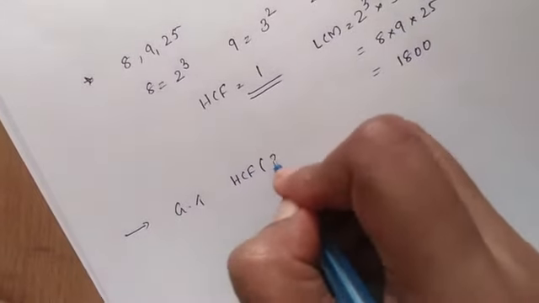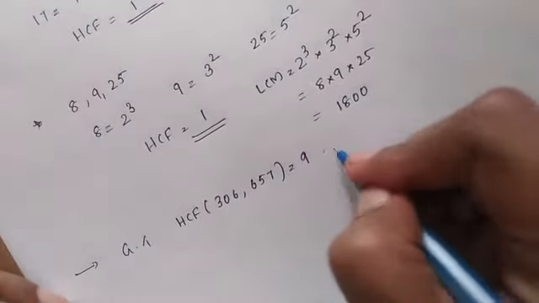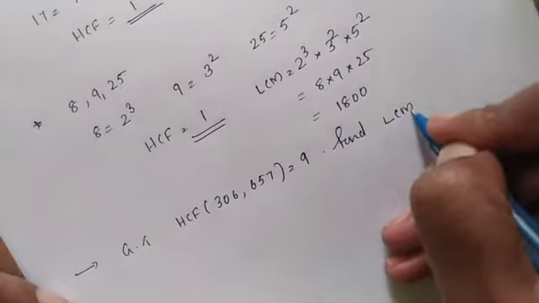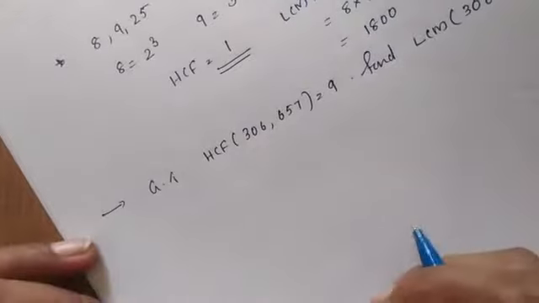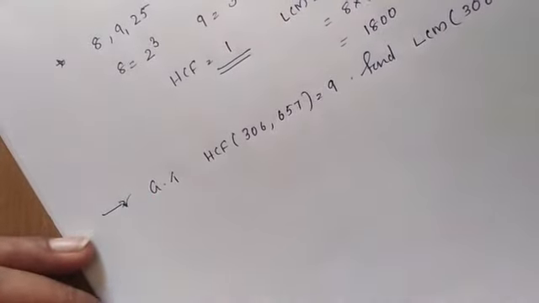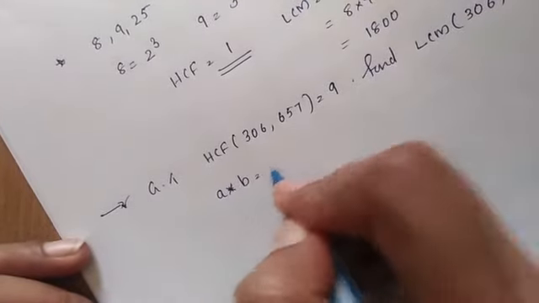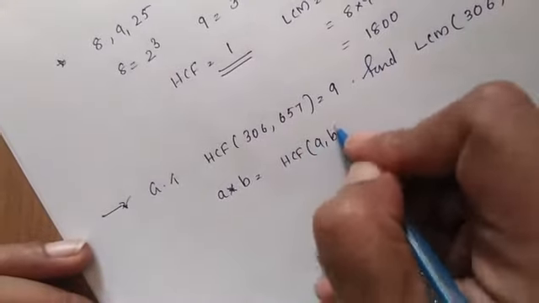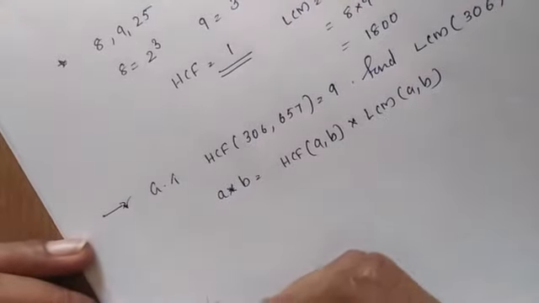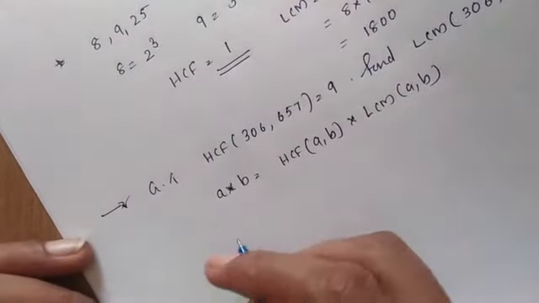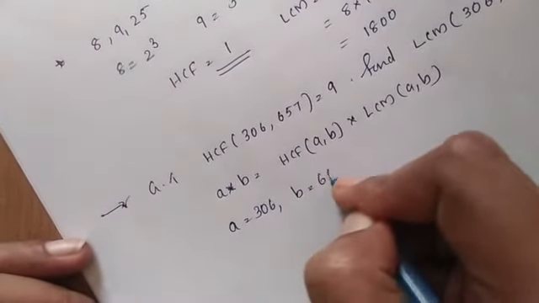The next question: given that HCF of 306, 657 is equal to 9, find LCM of 306, 657. This question is solved using our previously studied equation, A into B is equal to HCF of A comma B into LCM of A comma B. Here A is equal to 306, B is equal to 657.